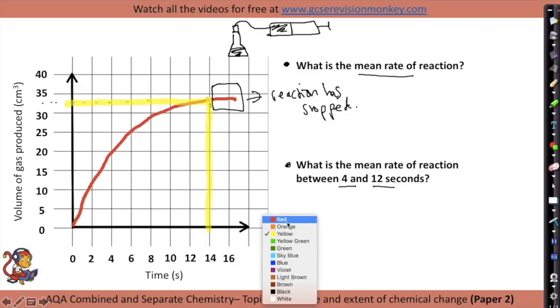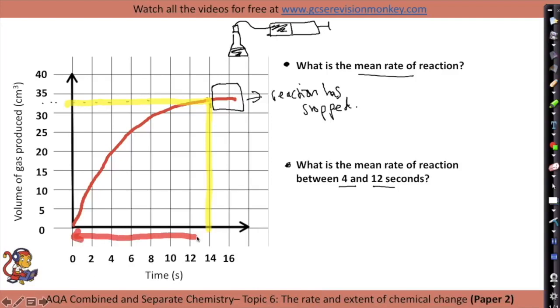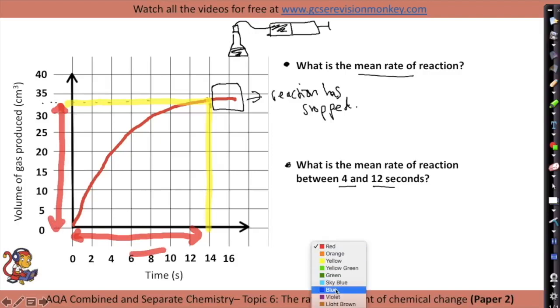So what you would do is you would take your values along your x-axis here and your y-axis here. On your x-axis you can see the value is 14 because it goes from 0 to 14, and on the y-axis it goes from 0 to 32.5.